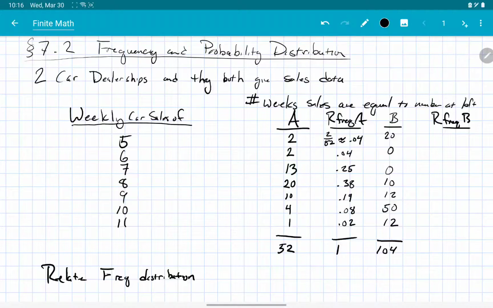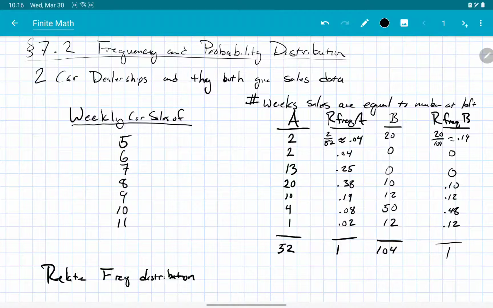So now, for these numbers, I'm not dividing by 52. I'm dividing by 104, the number of weeks in 2 years. So here we get 0.19, 0, 0, 0.10, 0.12, 0.48, 0.12. And these, of course, will sum to be 1 as well.